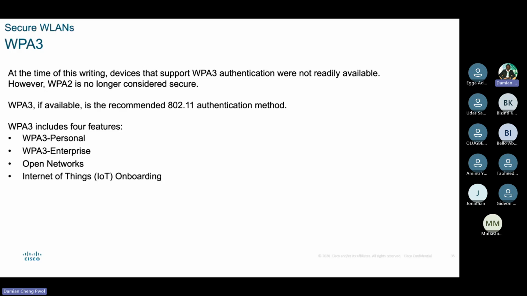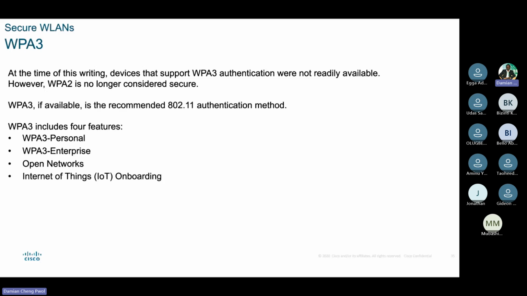Hackers are devising various means to gain entry or gain access. So things are changing. As hackers are making moves, we also need to find a way to make moves to protect other users on the network. So WPA3 is the recommended 802.11 authentication method.